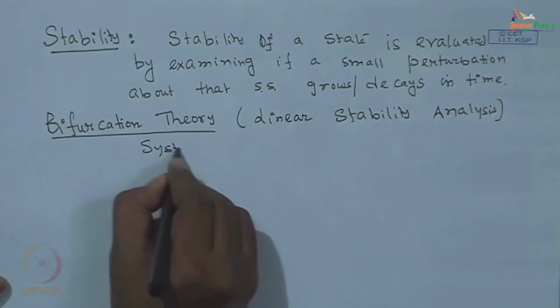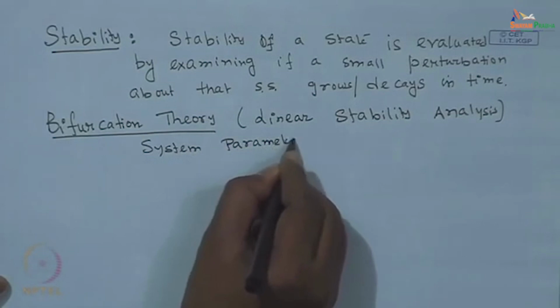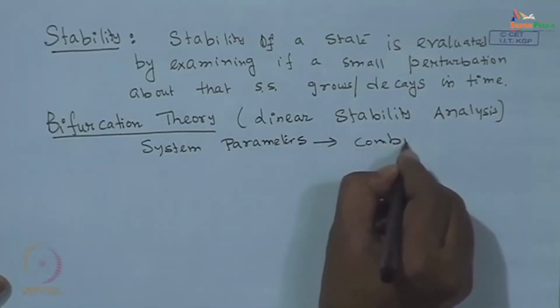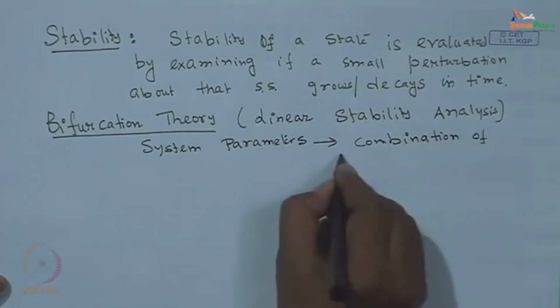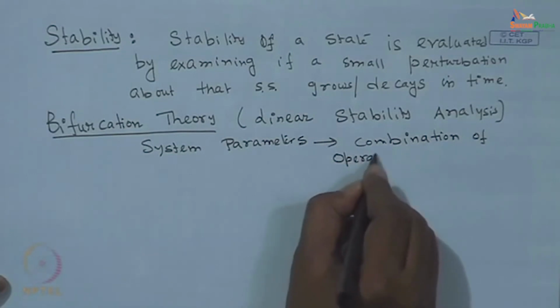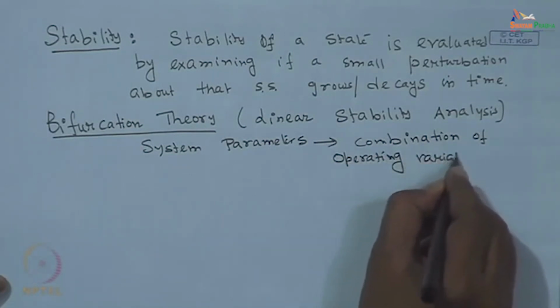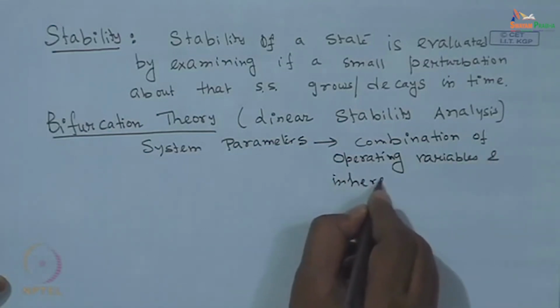System parameters are nothing but a combination of operating variables and inherent system properties.